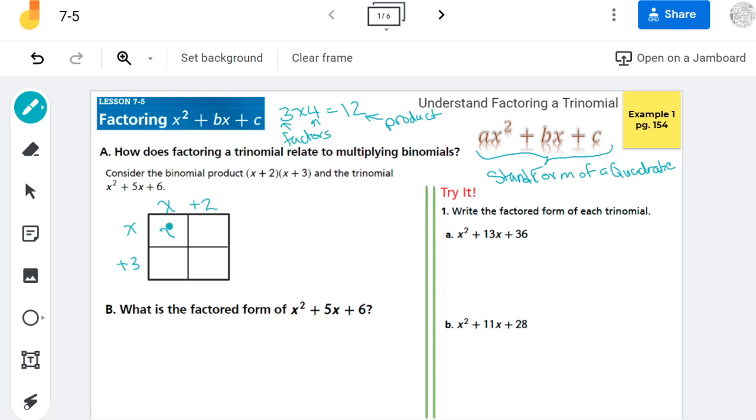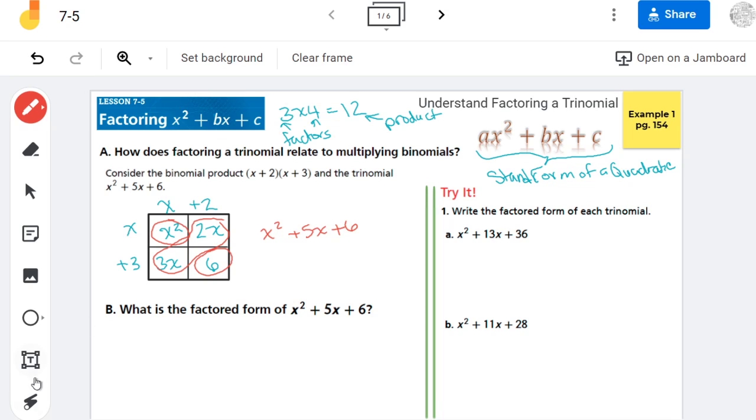So x times x is x squared, x times 2 is 2x, 3 times x is 3x, and 3 times 2 is 6. Once we're at this place, to find the actual full area, we would write it out as a polynomial where we add each of these things together. So I'd take x squared, and then 2x and 3x, those are like terms, so they combine into 5x, and then plus 6.